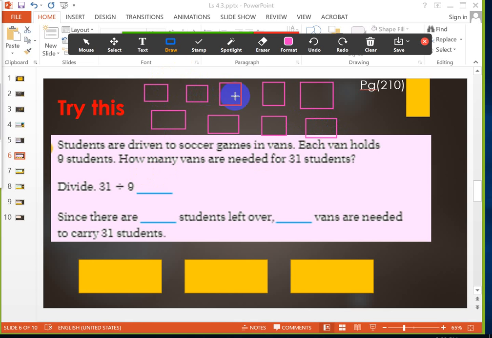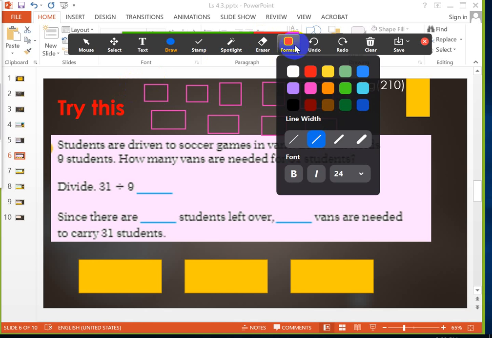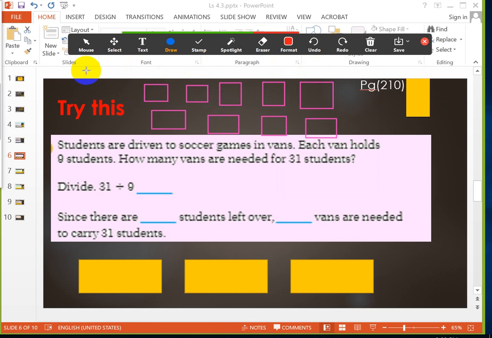Right? So I have those 9 vans. I want to divide the students on those 9 vans, as we learned when we use those counters to find the remainder. So let's find the number of vans. I have to divide 31 by 9.